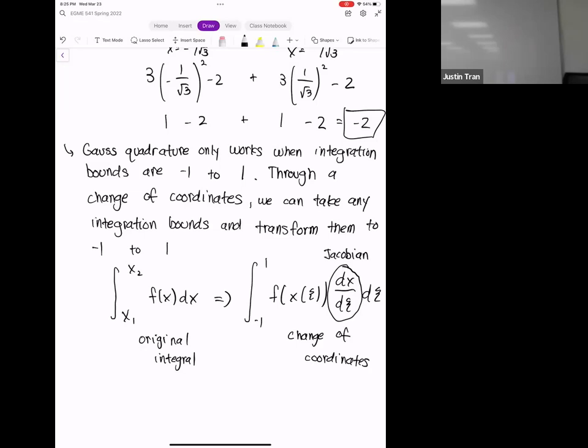Yep, 5 kilograms. 1, 3, 2. I think all of those are. Let me just double check.